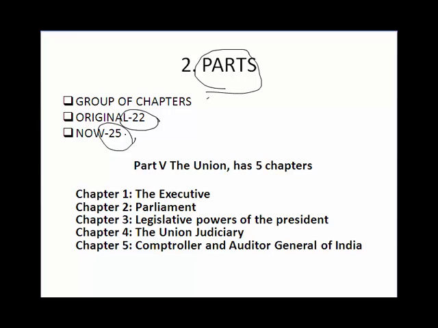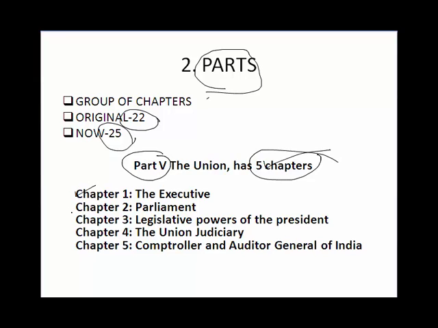Clear? So what do you mean by parts? It consists of chapters, same as parts present in the textbook. For example, part 5 of our constitution consists of how many chapters? 5 chapters. So what are they?